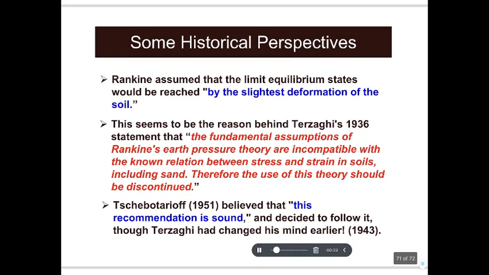Rankine assumed that the limit equilibrium state would be reached by the slightest deformation of the soil. However, we have learned that the limit equilibrium for the active state can be achieved by the slightest deformation of the soil, but not for the passive state. To mobilize the passive earth pressure fully, we require the wall or the soil to move by a large magnitude.